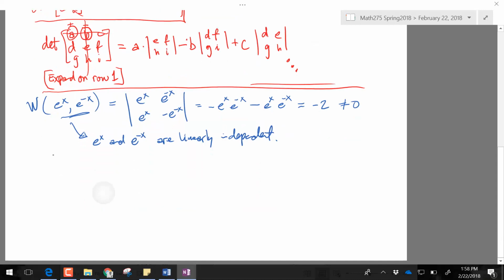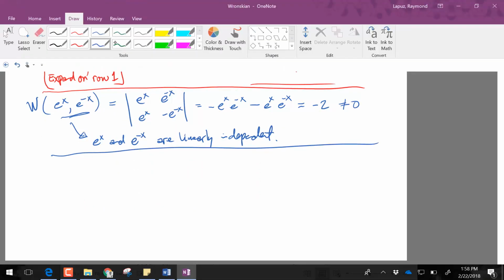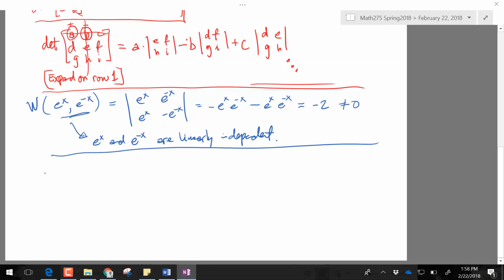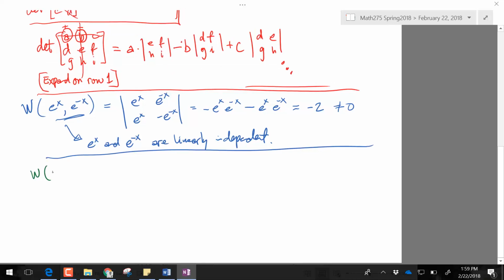So we know for our second example that those three functions were dependent, right? Was it x squared plus x plus 1, and x squared minus 1. So let's take the determinant of a 3 by 3 matrix here.